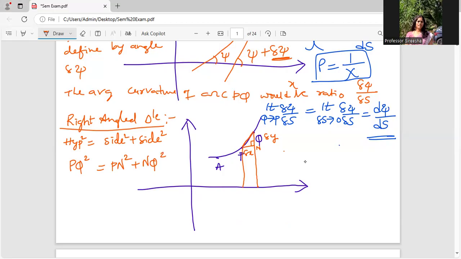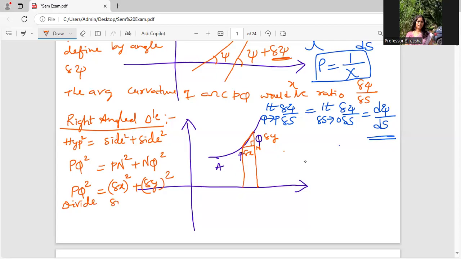Now, what is the distance PN? PN is along the x-axis, so I assume the little change along the x-axis would be delta x, and along the y-axis it is my delta y, whole square. On the right hand side, I have PQ square as it is, because I'm not aware of what it is going to turn out to be.